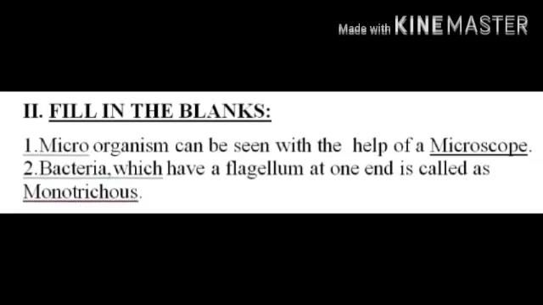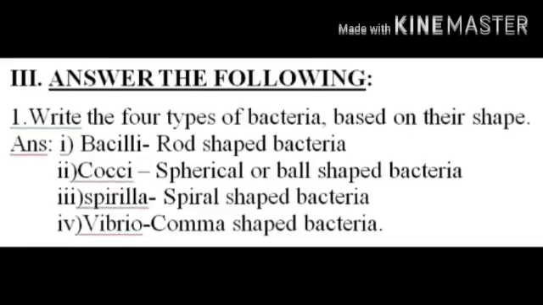First question, microorganisms can be seen with the help of a dash. Microscope. The answer is microscope. Second question, bacteria which have a flagellum at one end are called dash. Monotrichous. The answer is monotrichous.